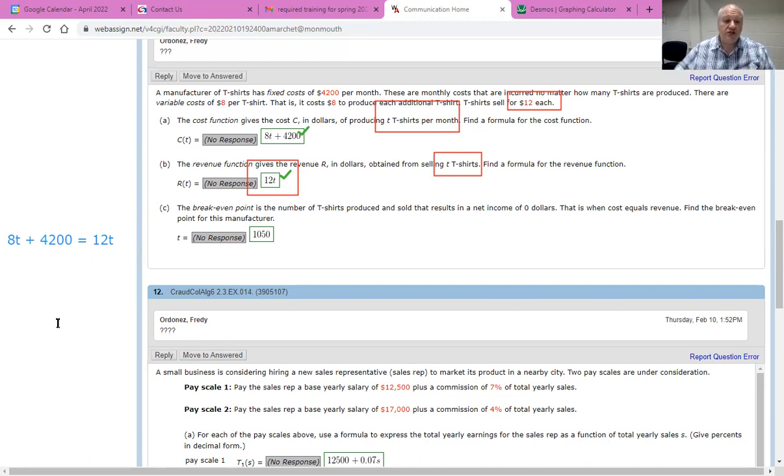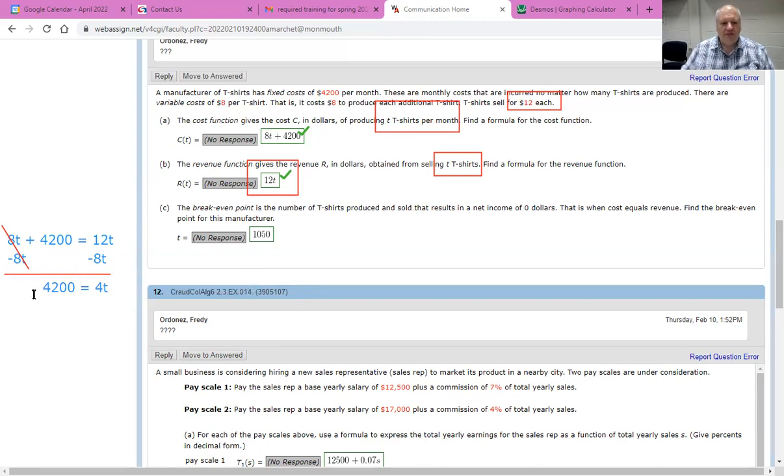How do I solve that equation? Well, I'll start by pulling the 8T out. Then I'm going to draw a line to show that I mean to subtract, and consequently these knock out. And now I have a new statement, 4,200 equals 4T.